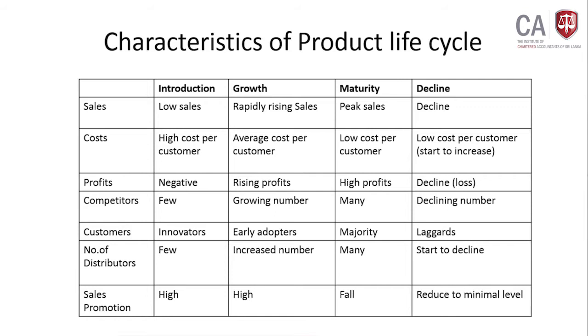If you use the blue ocean, initially there will be 0 competitors. The customer group we identify as innovators. The number of distributors will be few. Sales promotion is high. You have to spend a lot of money on sales promotion to give awareness to the customers.